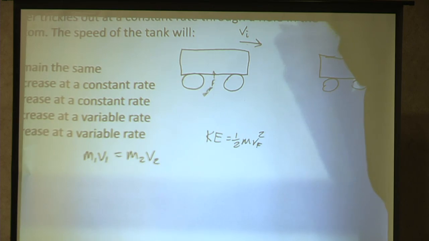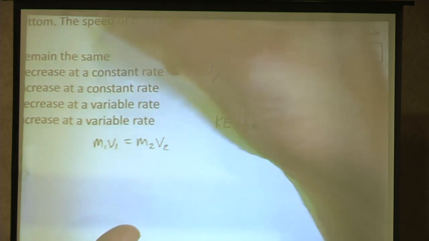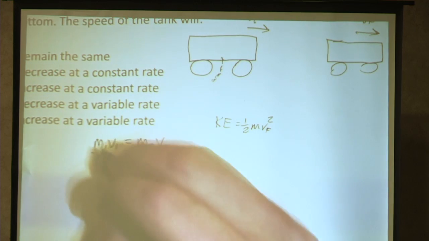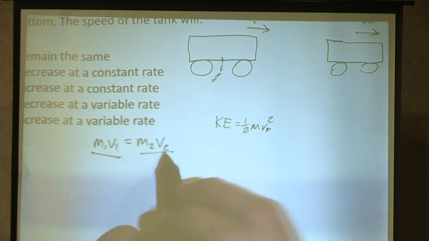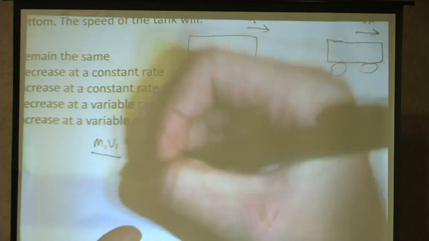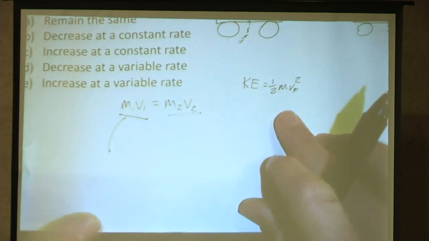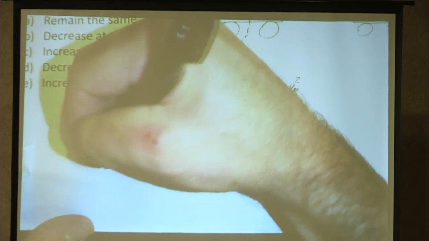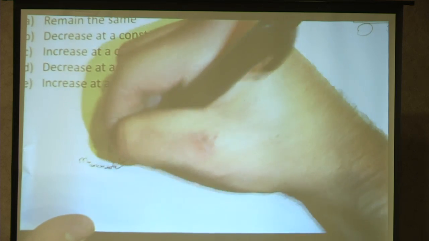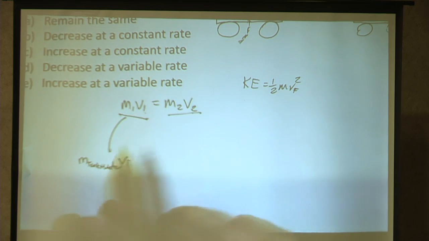So basically, instead of just the mass of the truck and then the mass of the truck later with different velocities, we kind of have to break this up into, number one is going to be the mass of the tank plus water times the initial velocity. And I know these are kind of ridiculous, but just to write it out.